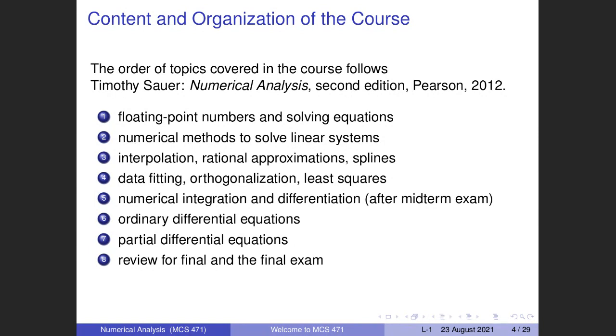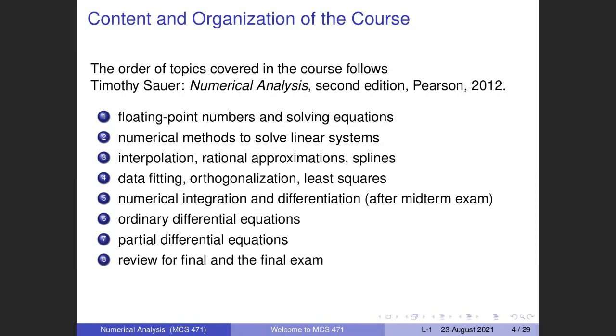This implies that we will apply methods of calculus. Taylor series will occur many times throughout this course. It's a calculus-based course, which means that we use concepts from calculus. It does not mean that it is a calculus course.